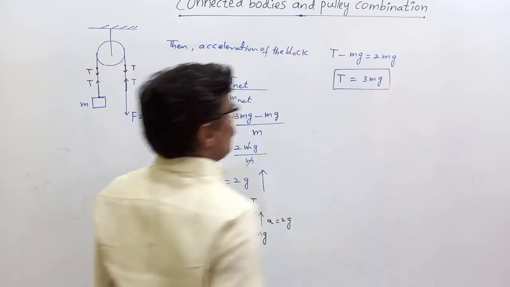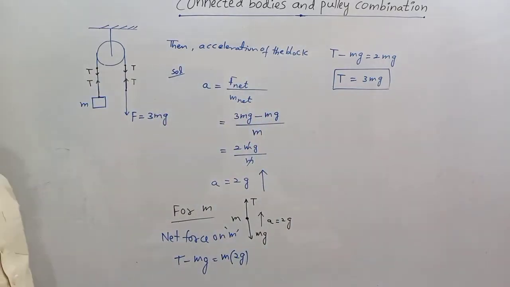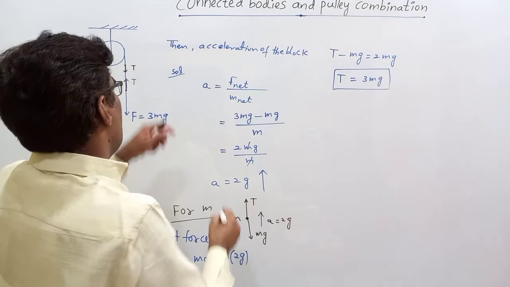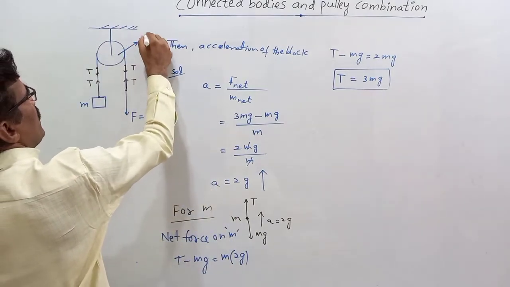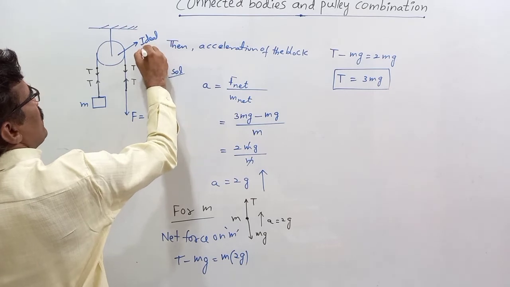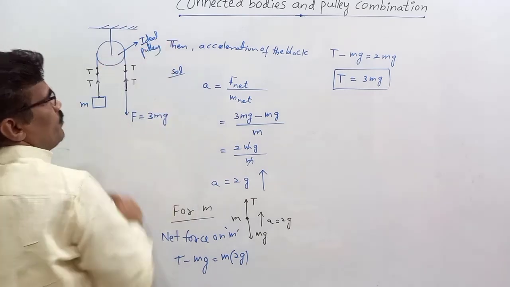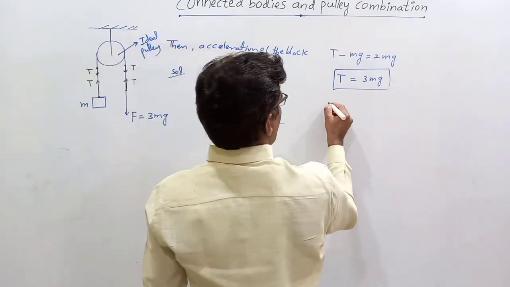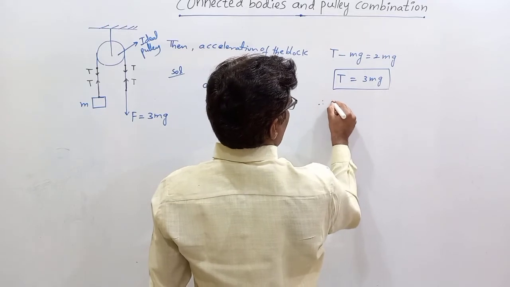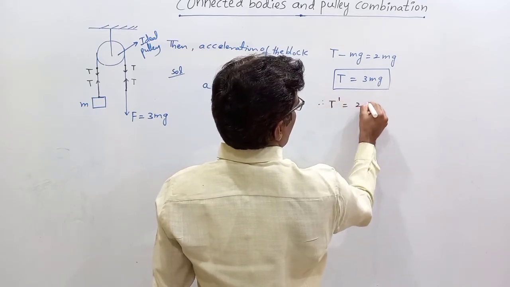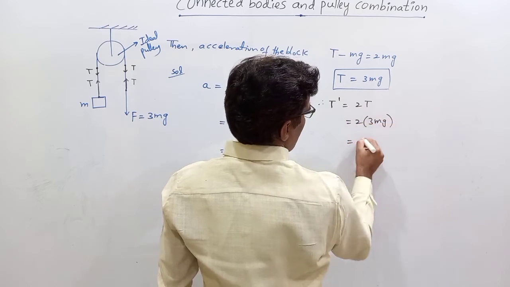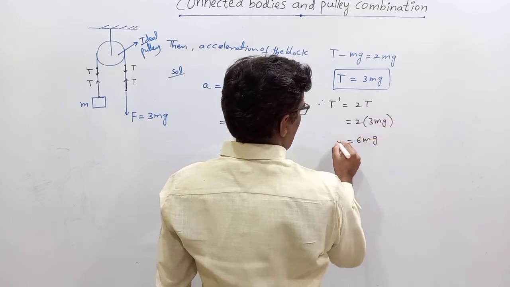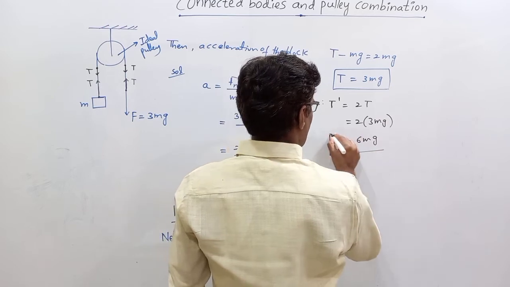Tension in the string which is connected to the block is 3mg. Then which pulley is it? Ideal pulley. Ideal and fixed pulley. That's why for an ideal pulley, T dash is equal to 2T. 2 into 3mg, which is equal to 6mg. T dash equal to 6mg.